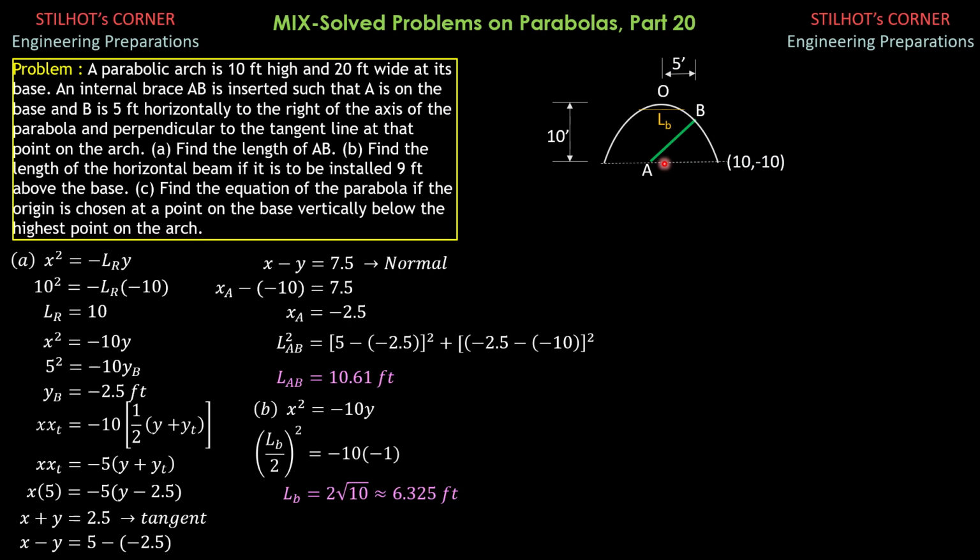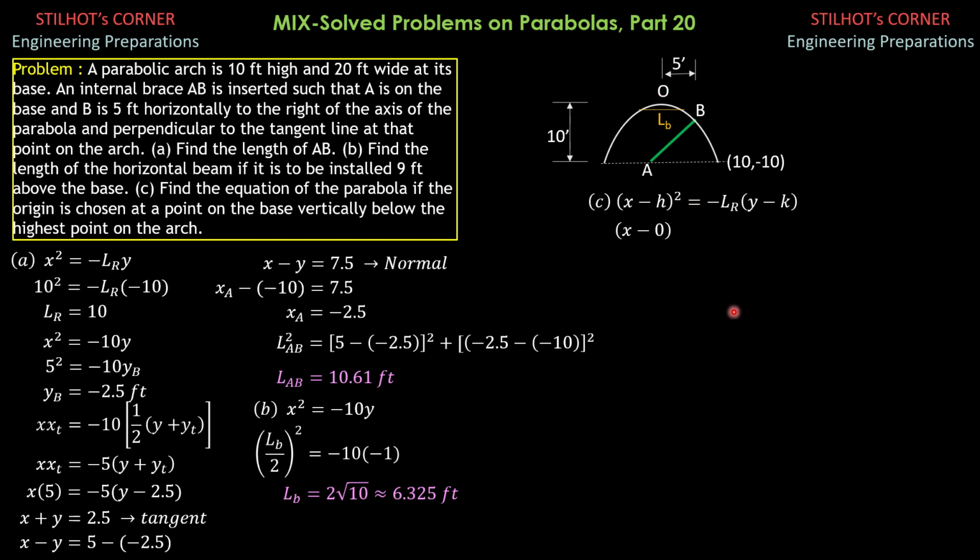Finally, for the equation of the parabola, if the origin is chosen to be vertically below the highest point on the arc, so if this is the origin, then the highest point will have 0, comma, positive 10 as coordinates. So the expected equation is, again, quantity x minus h square equals negative latus rectum times y minus k, where the vertex would have coordinates 0, comma, positive 10.